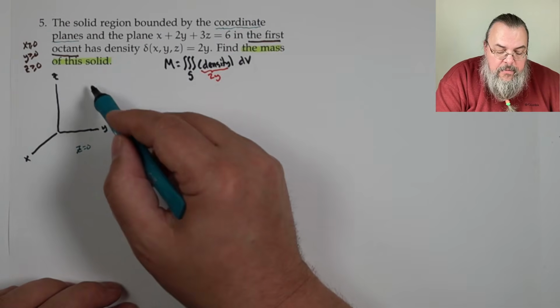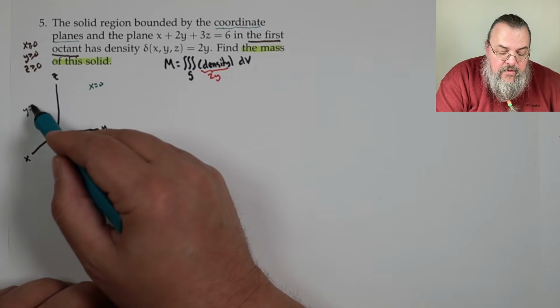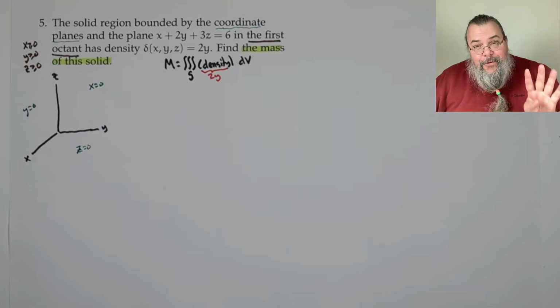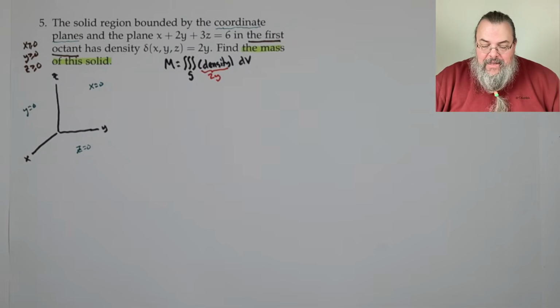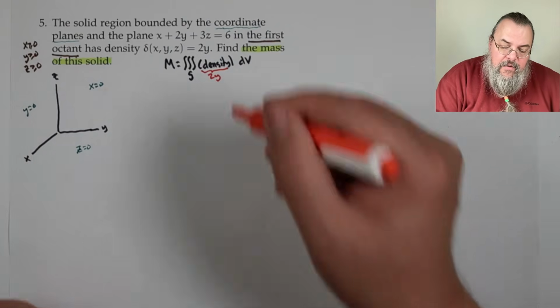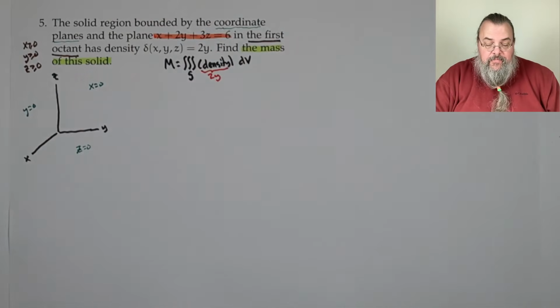The yz plane is x equals 0. The xz plane is y equals 0. So those are 3 of our planes. There's a 4th plane involved, and our 4th plane is x plus 2y plus 3z equals 6.